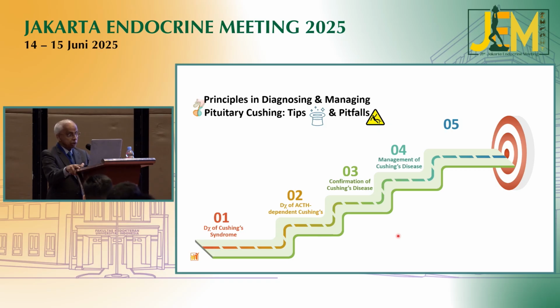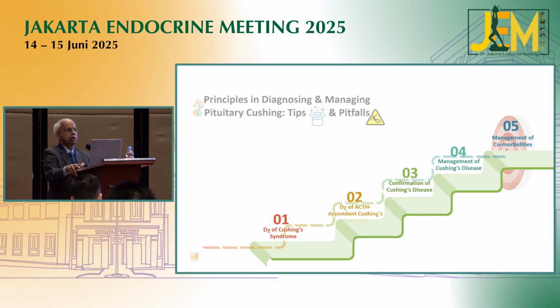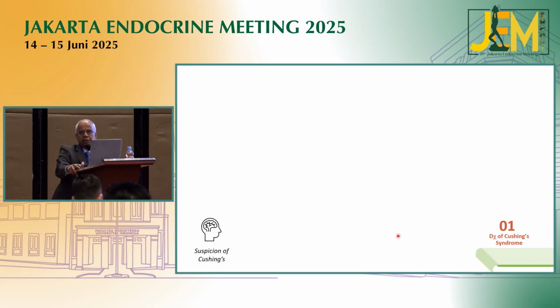We manage the Cushing's disease. I will touch a little bit on management of comorbidities. At every stage, as you climb the stairs, one can slip. That is where one has to be careful. So let's deal with the first aspect.